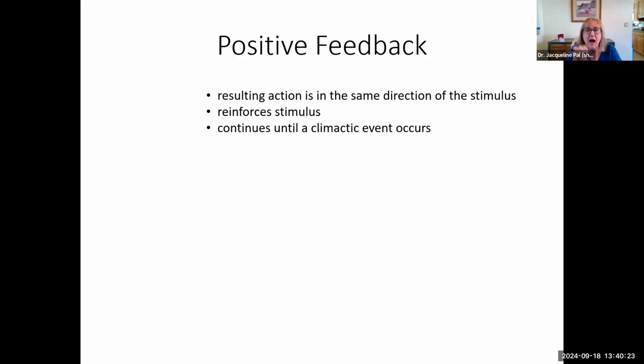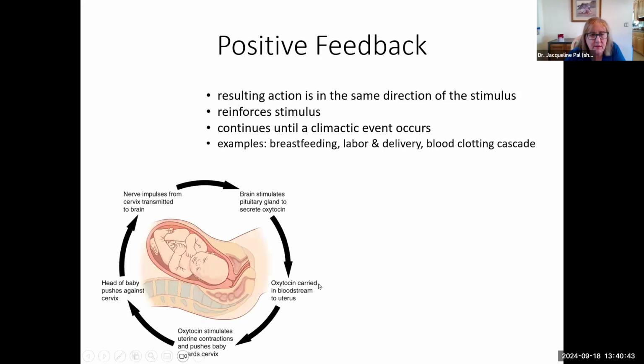In contrast, positive feedback, we are going to continue in the same direction. We are going to reinforce and stimulate. This is going to continue until something happens. So here is a classic example. What happens at childbirth? The 9th month of gestation, the baby's head has dropped.